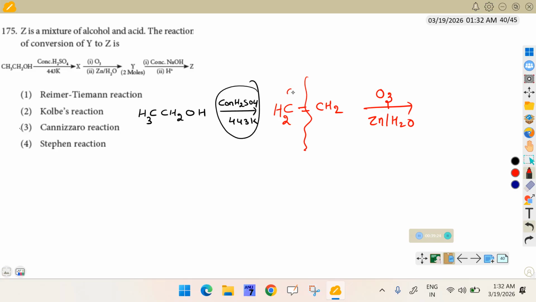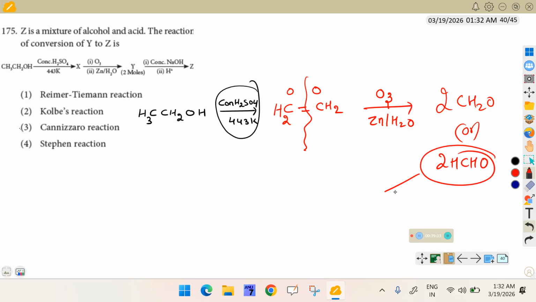Break the bond, oxygen on the left side and right side, and it gives 2 moles of CH2O, or 2 moles of HCHO, an aldehyde without alpha hydrogen atoms. Aldehydes without alpha hydrogen participate in the Cannizzaro reaction. One more hint is given in the question: Z is a mixture of alcohol and acid. In the Cannizzaro reaction, self-oxidation and self-reduction take place and it gives alcohol and the salt of a carboxylic acid as products.